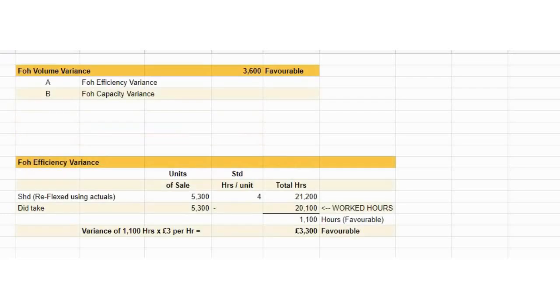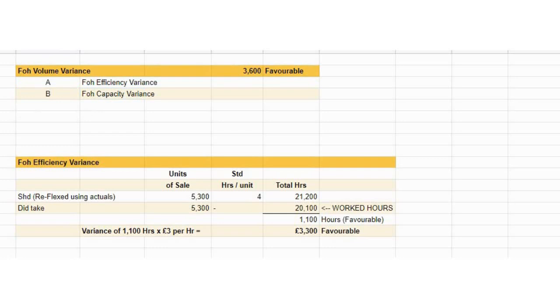Now the fixed overhead volume variance of 3,600 favourable can be further analysed into two subvariances: subvariance A, the fixed overhead efficiency variance, and subvariance B, the fixed overhead capacity variance.